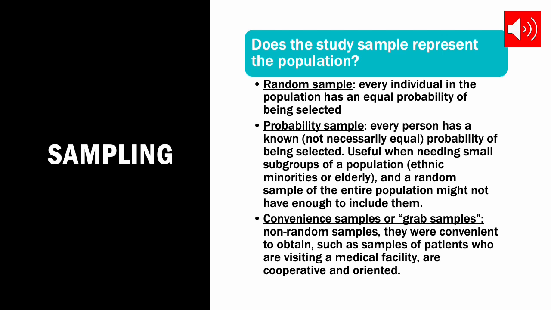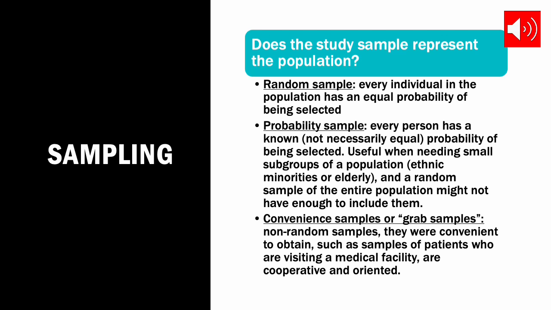So let's take a look at sampling. Does the study sample represent the population? A random sample is where every individual in the population has an equal probability of being selected. So let's say you have a population of 1,000 people, you're going to take a random sample of people, which means that every person has equal probability of being selected for the study.